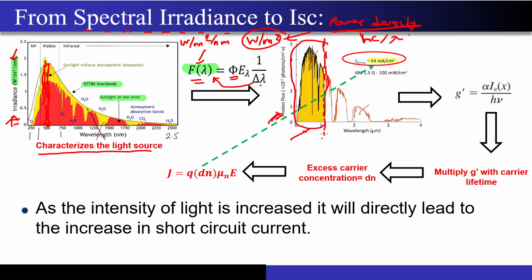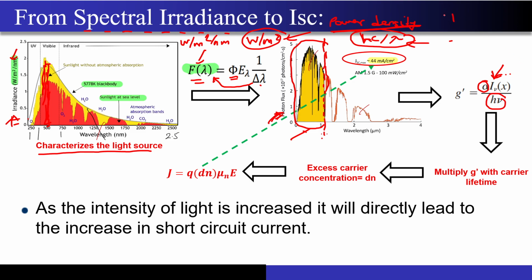Once I have the photon flux, I can calculate I of x, which is just the photon flux multiplied by the energy of each photon. From the semiconductor material, I know the absorption coefficient, and h nu I know.